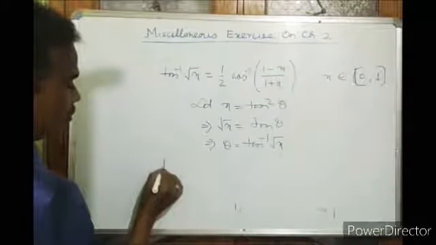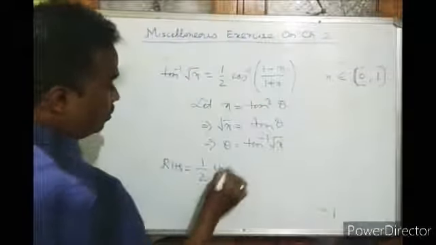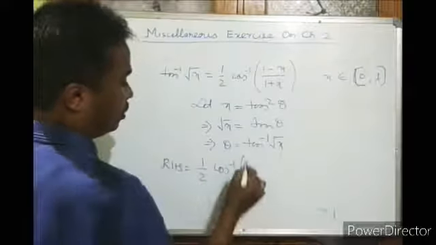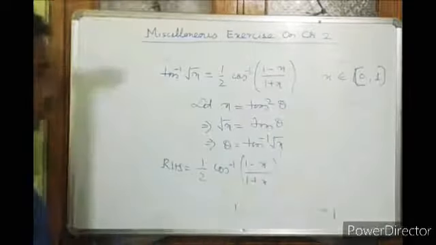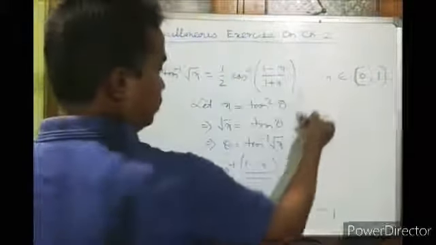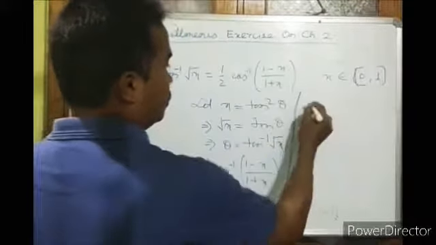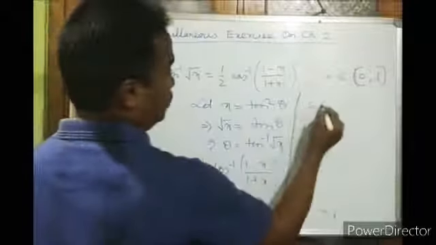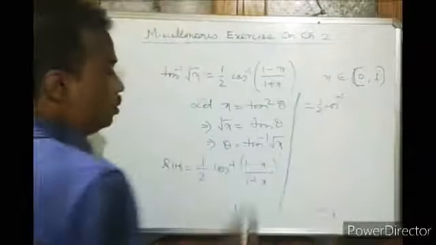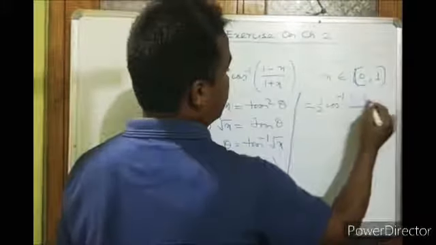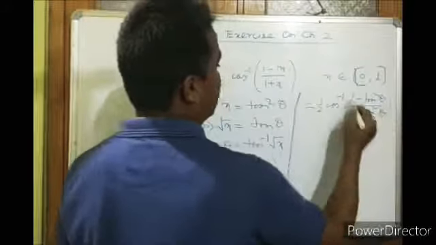Now, therefore, RHS is equal to half cos inverse (1 minus x by 1 plus x), which is equal to half cos inverse (1 minus tan square theta by 1 plus tan square theta).